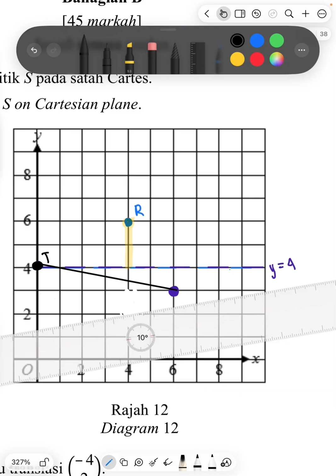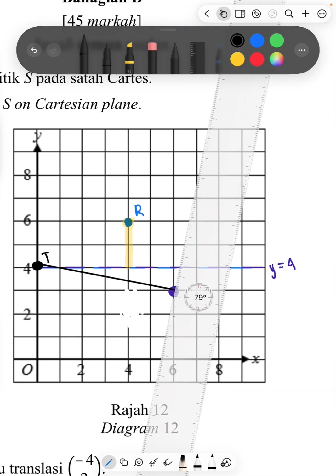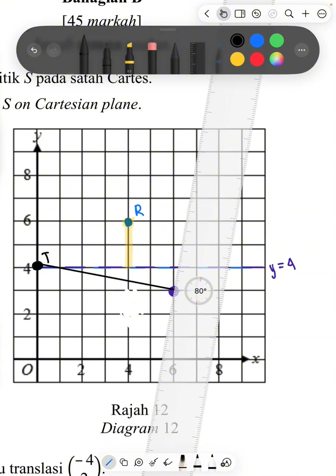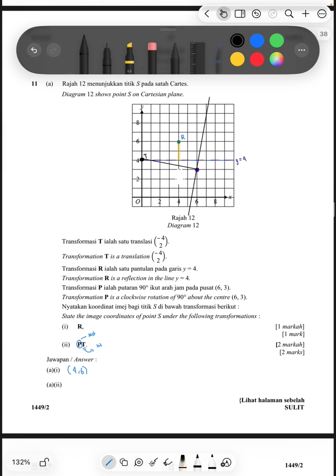And then I make sure that it's perpendicular, 90 degrees to that straight line I have over there. And I draw a line like that.